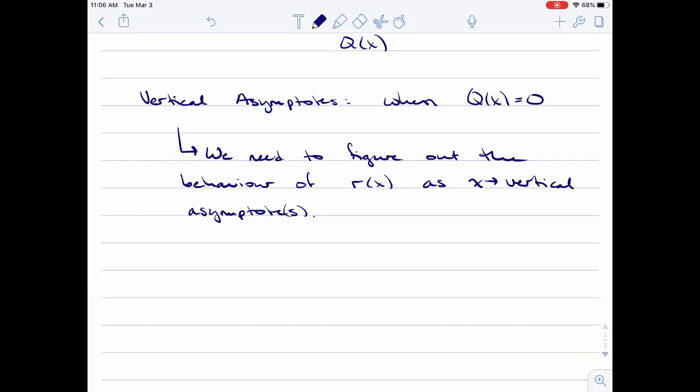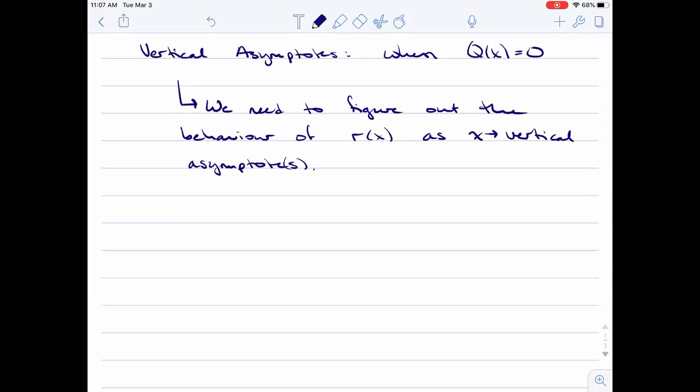In the printout, we're looking at the interval and the test point and the results, whether it's positive or negative. We actually broke it down into multiple little test boxes, where we let x approach a vertical asymptote from the left and from the right to see what was going on, right? So whichever way you do it, you don't necessarily have to use the table that's in part D of the printout, right? But that's what we're doing, figuring out how r of x behaves as we approach these vertical asymptotes.